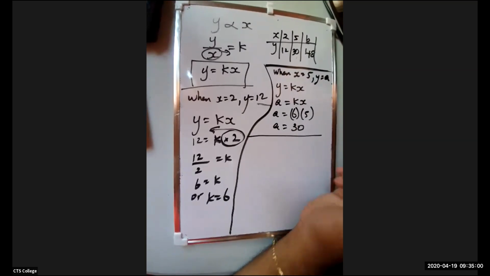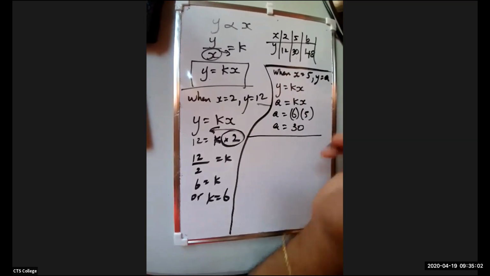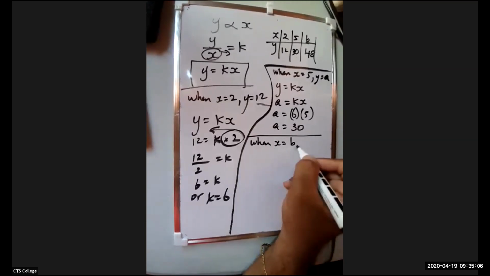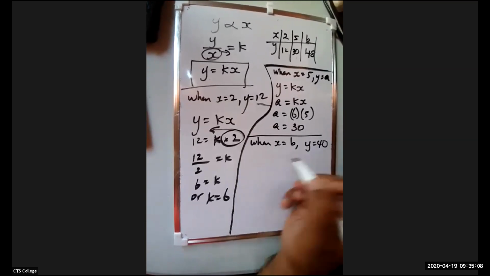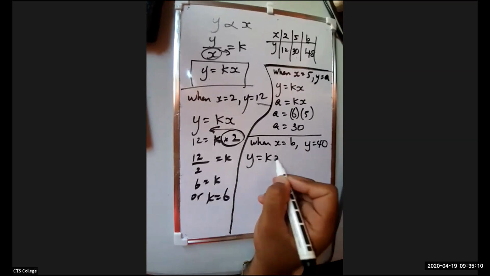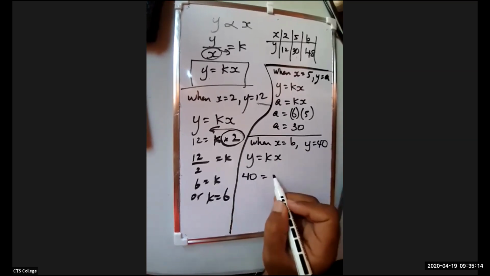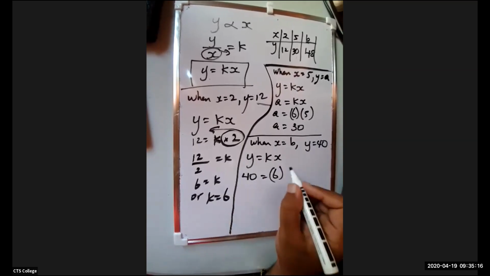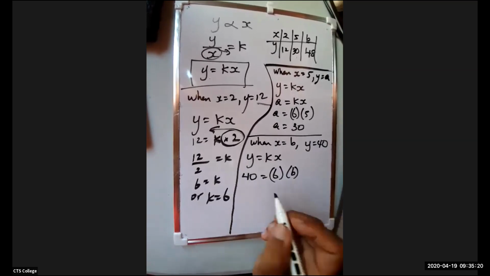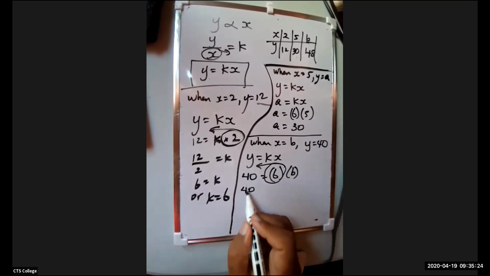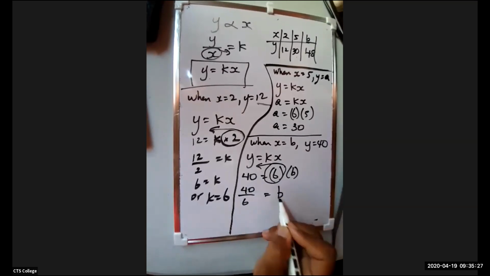And now we are being asked to find b. So again, when x is equal to b, y is equal to 48. And we're using y is equal to kx again. So 48 is equal to k, which is 6 that we know just now, and x is b. So multiplication is taking place, and when it comes across, it becomes division. So 48 over 6 is equal to b.